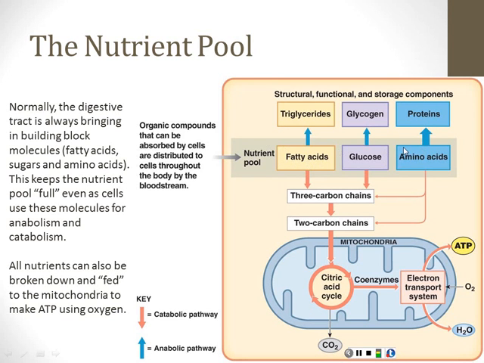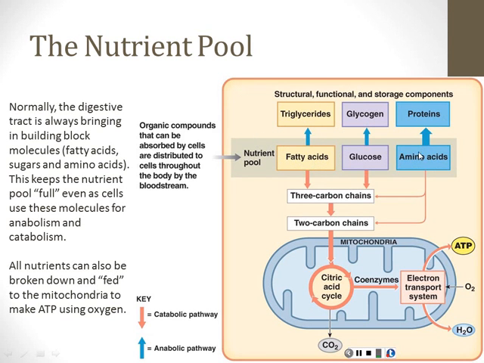Because from this nutrient pool, we can go up, we can do anabolism, where we form larger molecules. Triglycerides are three fatty acids stuck together. Glycogen is a long chain of glucose molecules. Proteins are long chains of amino acids. So when we go up, we're into anabolism, or we can go down.